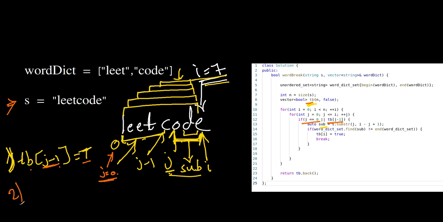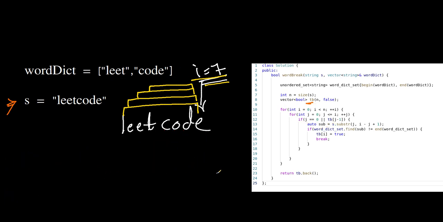The second condition is this substring should exist in the word dictionary. If these two conditions apply, that means tb of i is true.